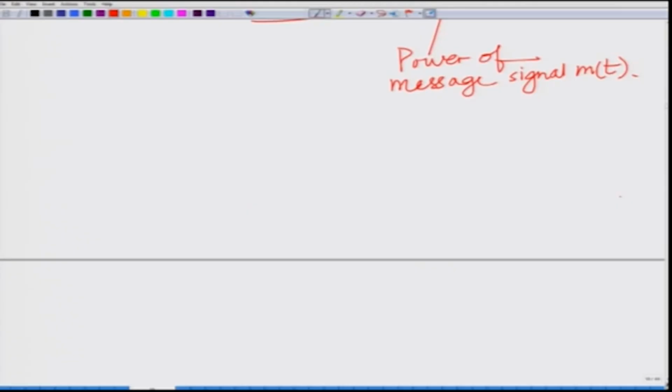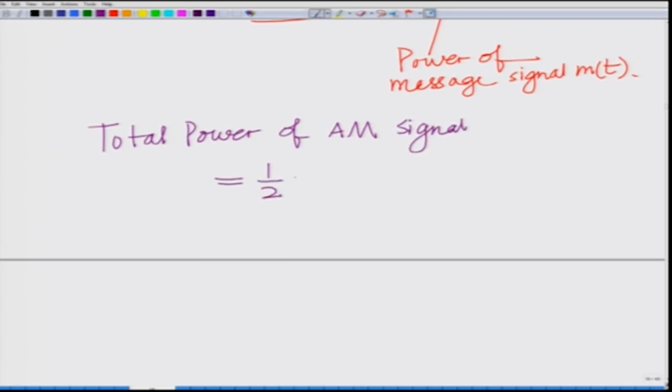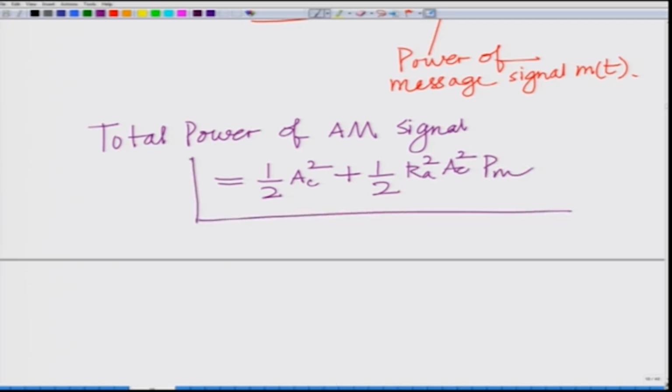And therefore, now the total power is the sum of these two powers. The total power of your AM signal equals half Ac square plus half Ka square Ac square into Pm.